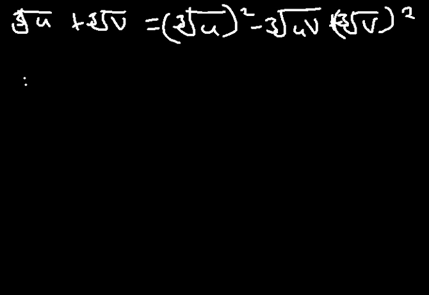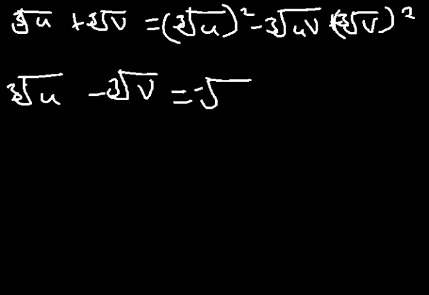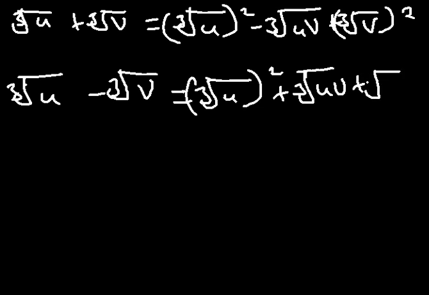Let's say we have the cube root of u minus the cube root of, let's say, v. In this case the conjugate of that one will be given as the cube root of u to the power 2, plus the cube root of u times v, plus the cube root of v to the power 2.